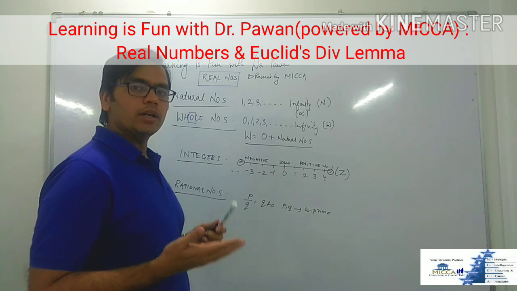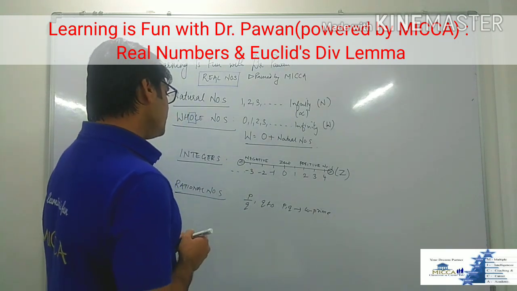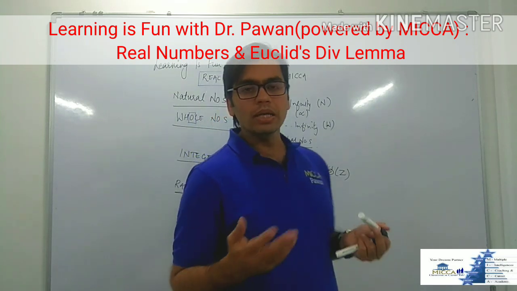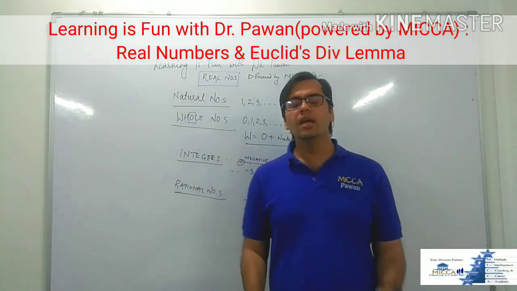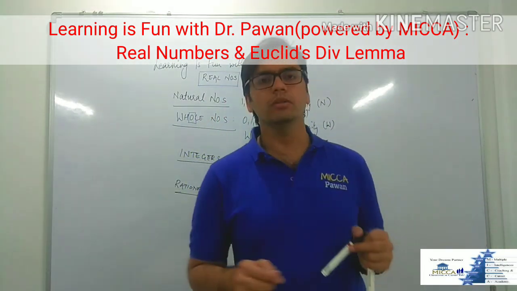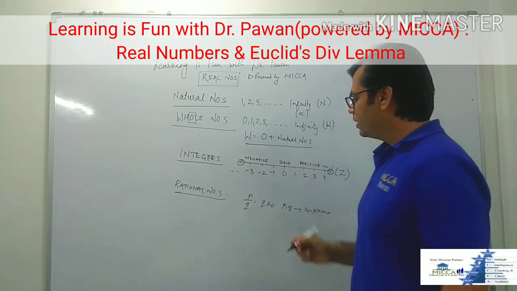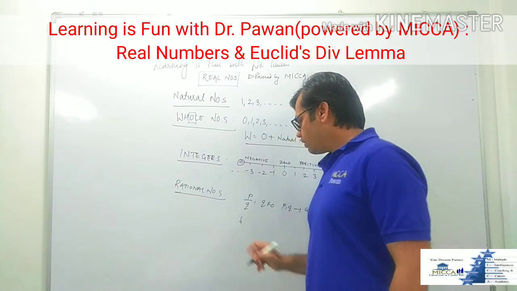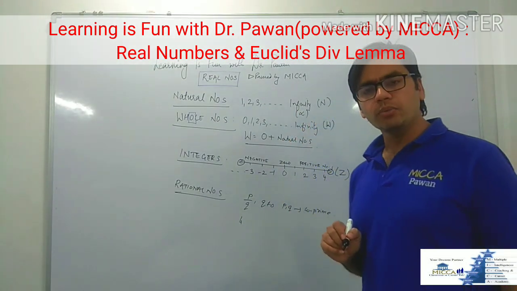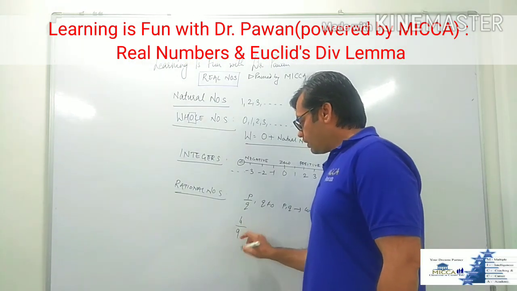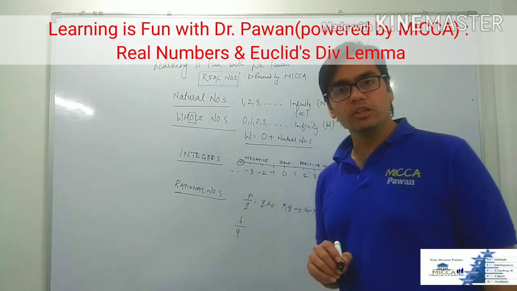Now what do we mean by co-prime? Co-prime means that the numbers are prime to each other, which means they don't have a common factor between them. Let us take an example. 4 is a composite number. 9 is also a composite number.